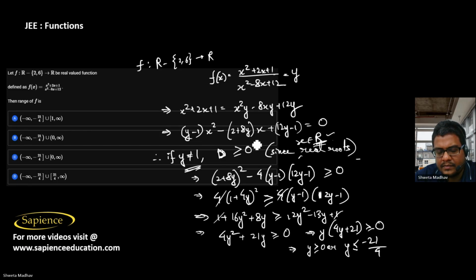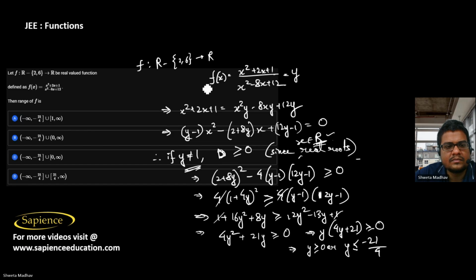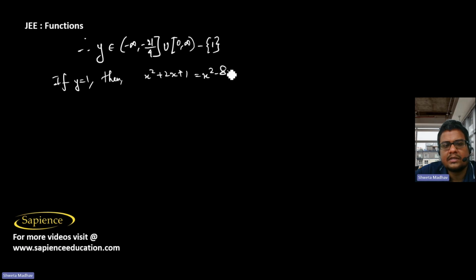Okay. And then if y equals 1, then x will be how much? Then x square plus 2x plus 1 will be equal to x square minus 8x plus 12.